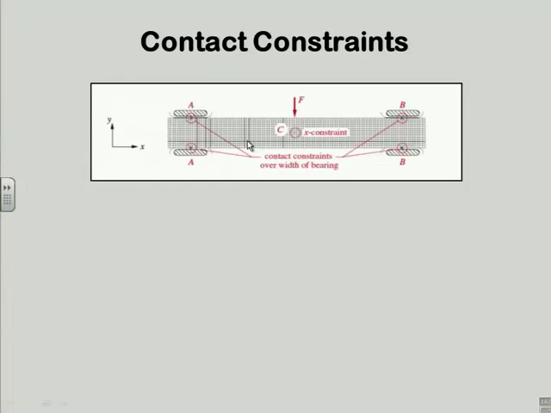So what I'm going to do now is introduce a more sophisticated boundary constraint. And most of the solvers will have something of this sort. It's called a contact condition or a contact constraint. And very simplistically what it means is I'm going to be able to tell the solver that these two things cannot move together any further than that, but they can pull apart.